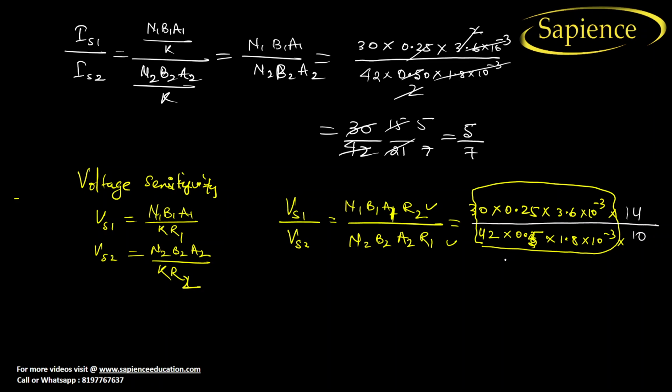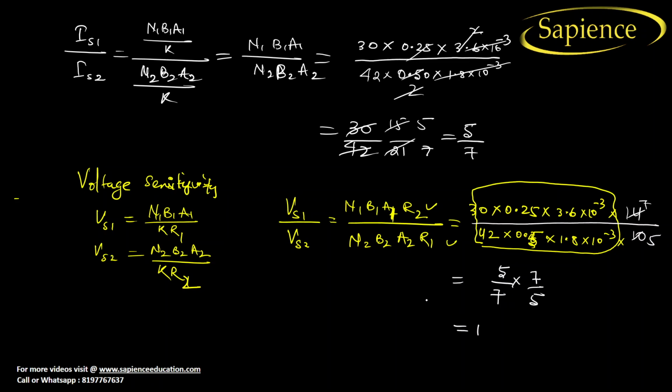Now see, how much is it? So this is 5 by 7 into 7 by 5, right? So this will be purely 1, right?